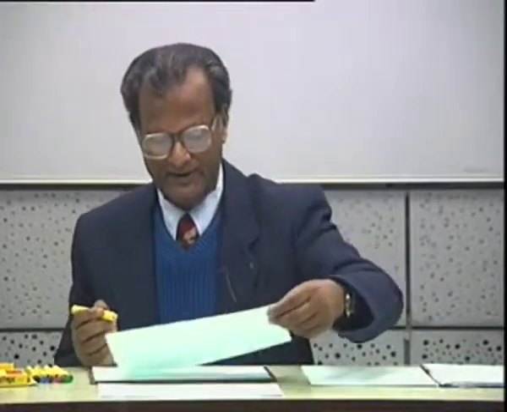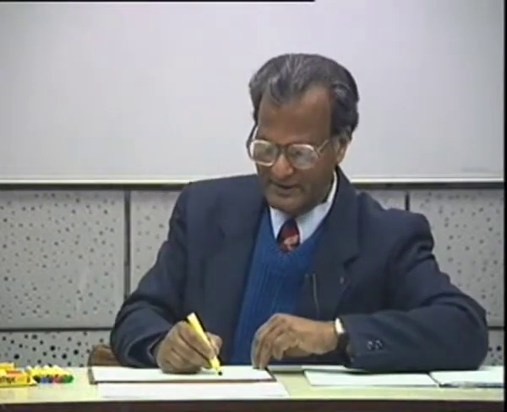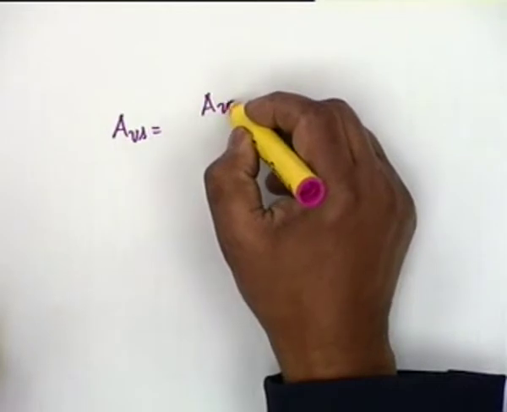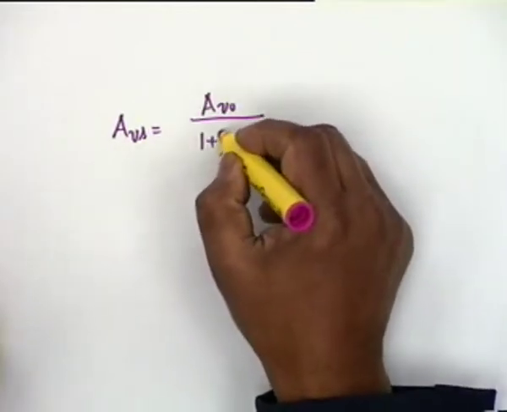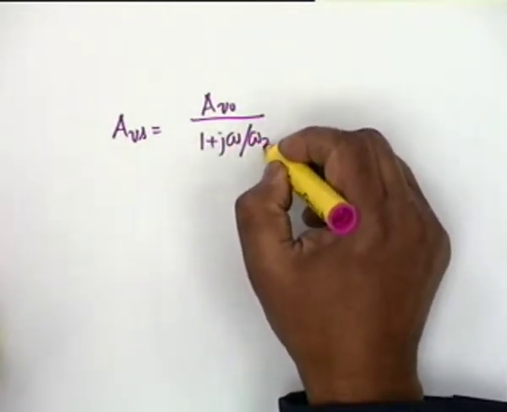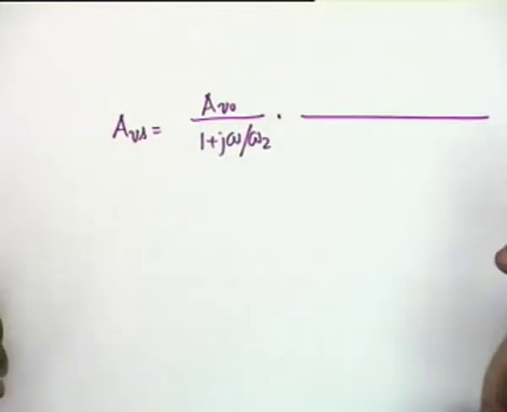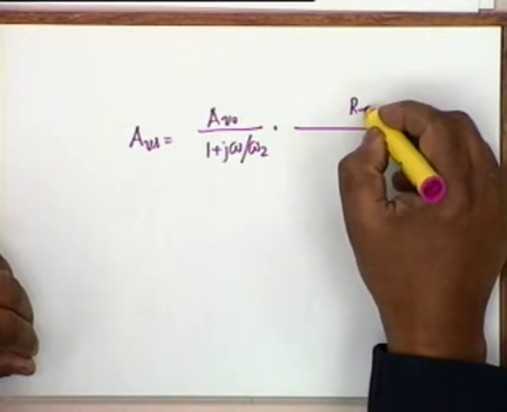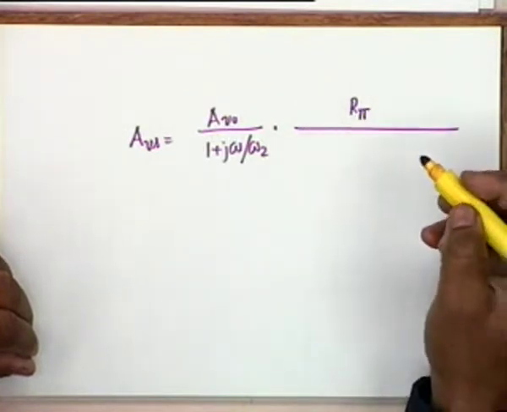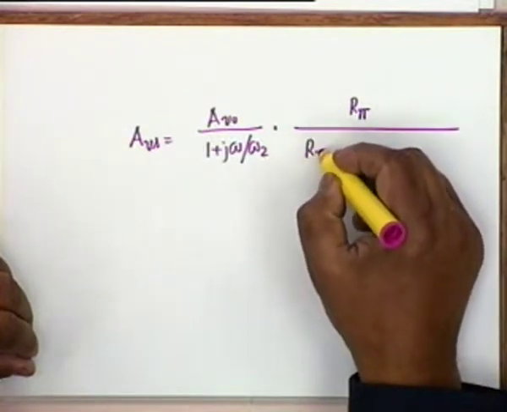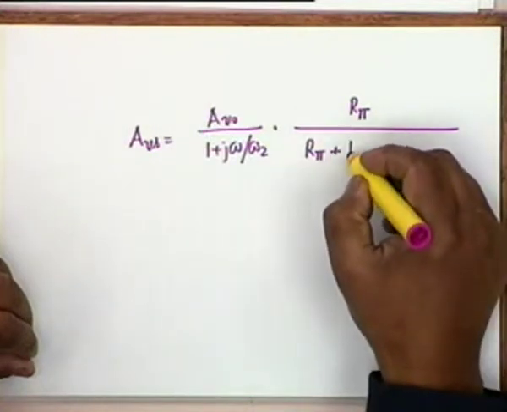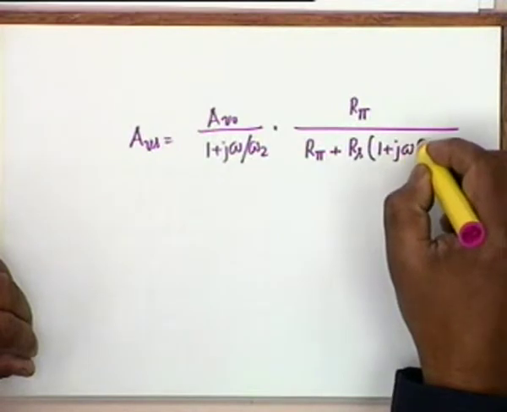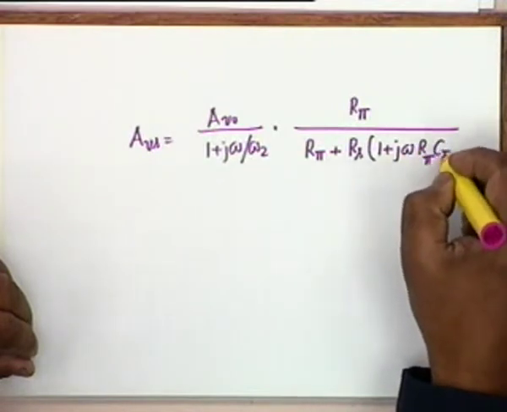Okay. Now, if I calculate this, AVS would be equal to AV0 over 1 plus j omega by omega 2, and then Zi divided by Rs plus Zi. This would obviously be R pi divided by R pi plus Rs multiplied by 1 plus j omega R pi Ct.